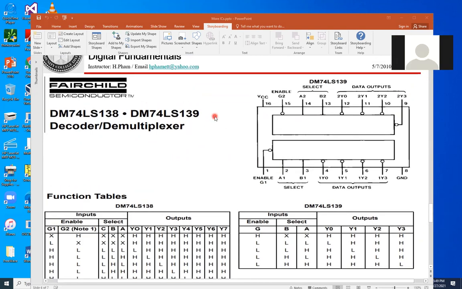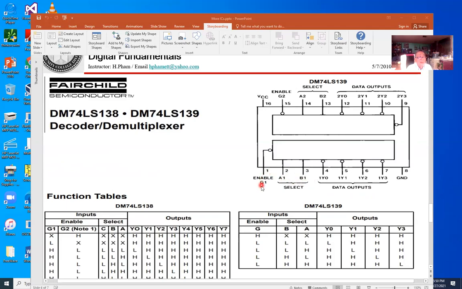Mr. Pham, since you have the output pins labeled as data outputs, would it be fair to say that there are 4 data inputs, but 6 inputs total? 6 inputs, but only 4 are data inputs, is that correct? Yeah, A1, A2. I'm talking in general about inputs to the IC. Okay, so basically they get A1, B1.